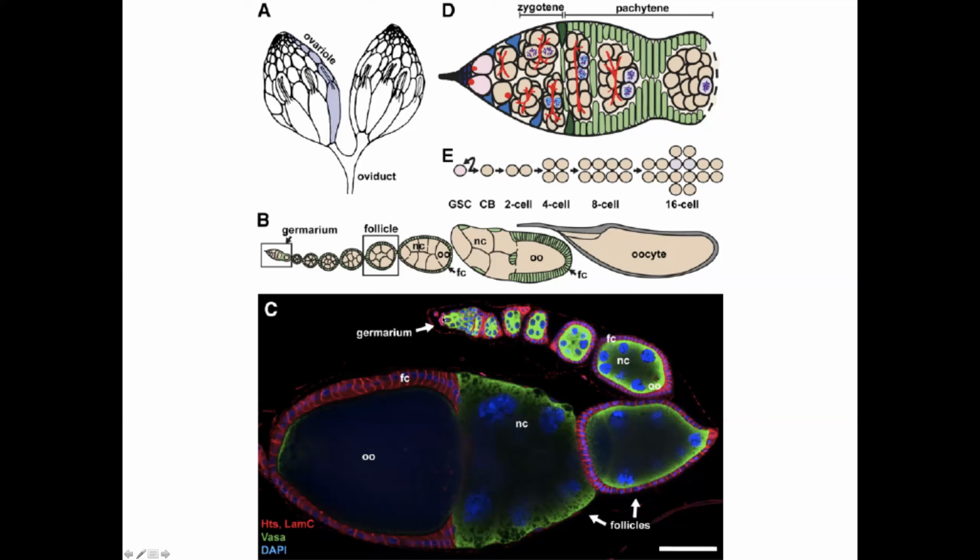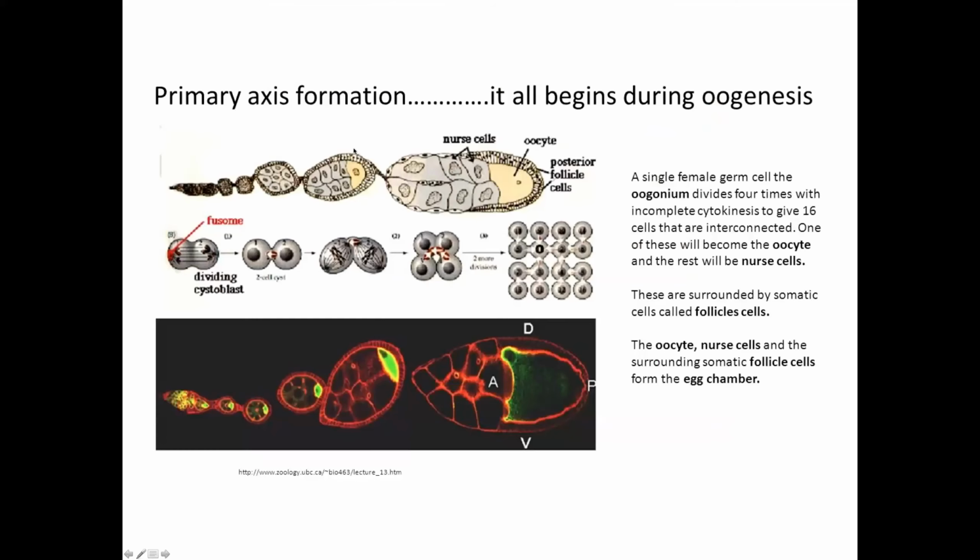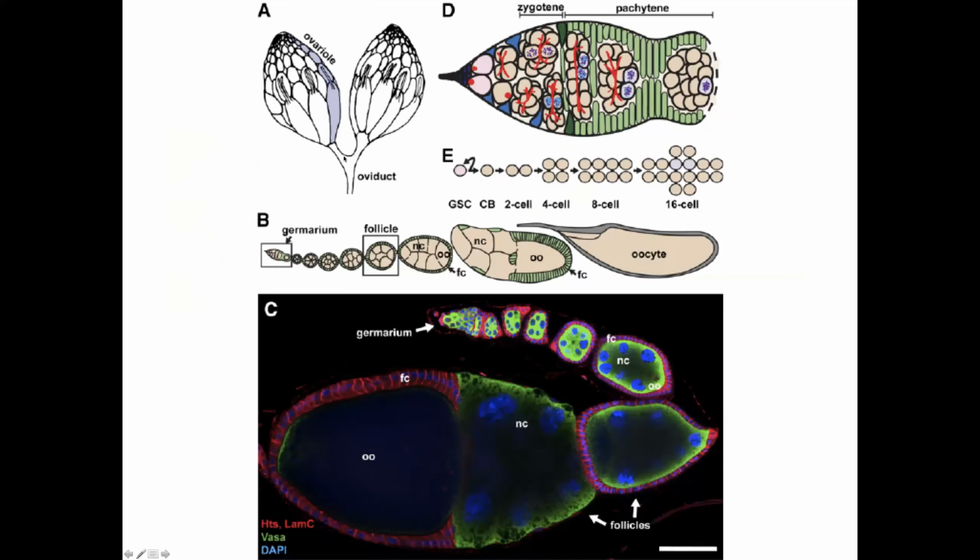And you can see as you mount each individual ovariole, this is the tip, and each of these is a developing individual egg. And the more developed the egg is, the more it is towards the oviduct. And this mature egg is going to be pushed through the oviduct.